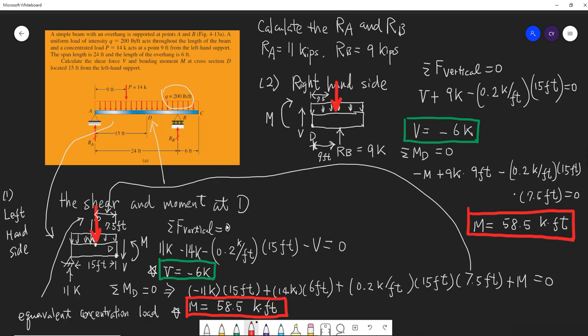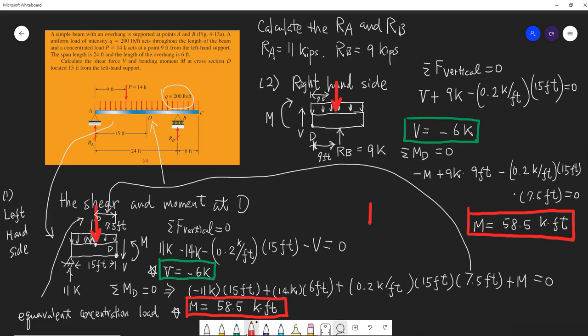So the idea is very clear: at the same point, the moment should be the same. It's a couple at the point D, and the shear. So the idea is very easy to understand.